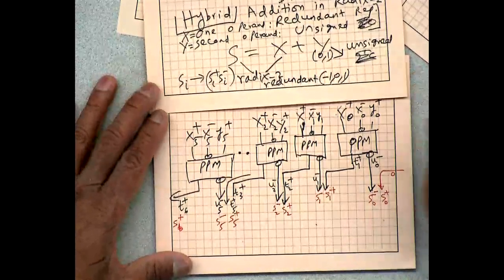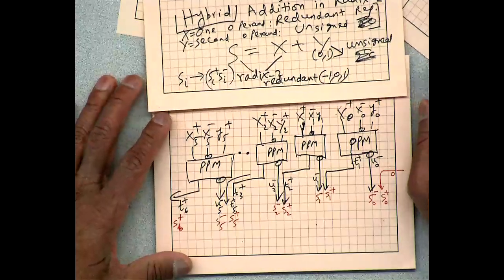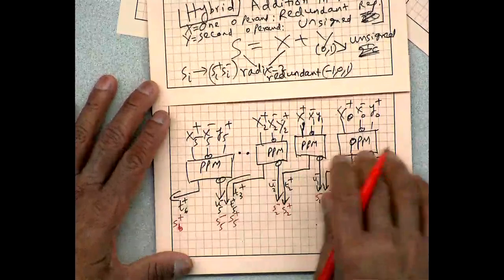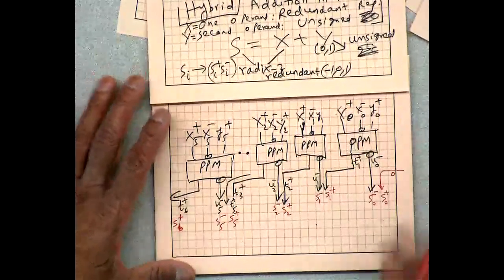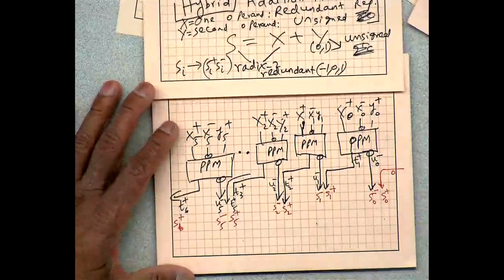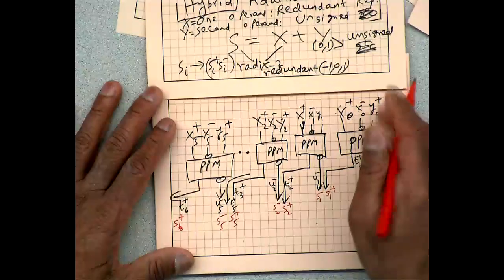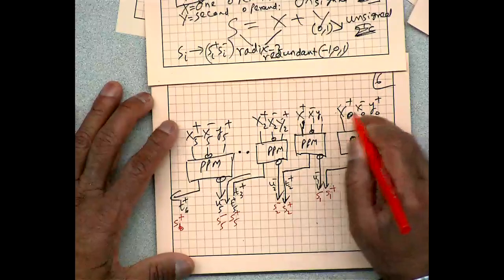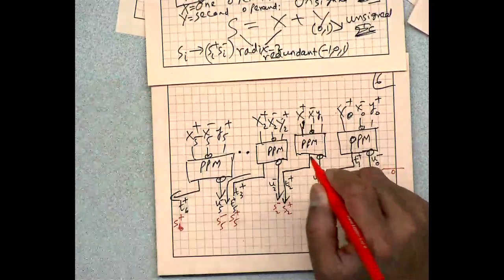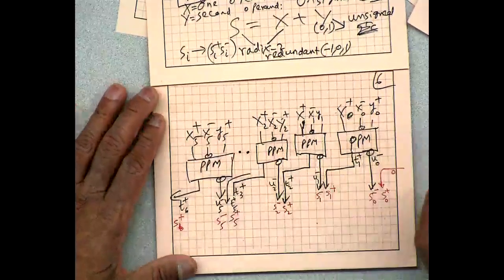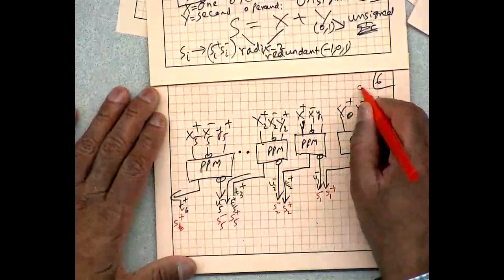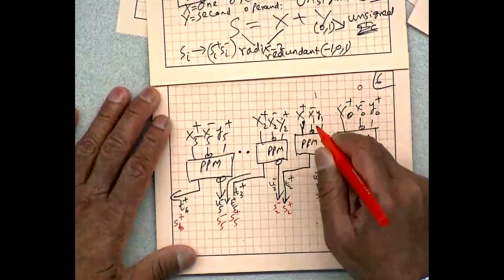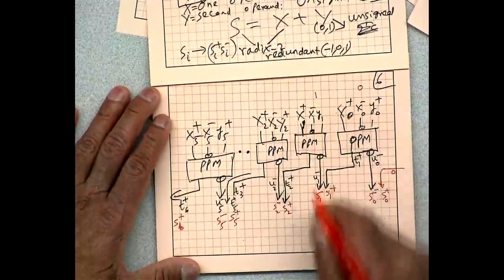But let me talk about how we can take this parallel adder. So this is a parallel hybrid adder. And how can I represent this in least significant bit first? So if I'm going to represent it in least significant bit first, these bits are coming in clock cycle 0, clock cycle 1, etc. Clock cycle 5. So when this comes in clock cycle 0, this comes in clock cycle 1, and I want to show what the output is.